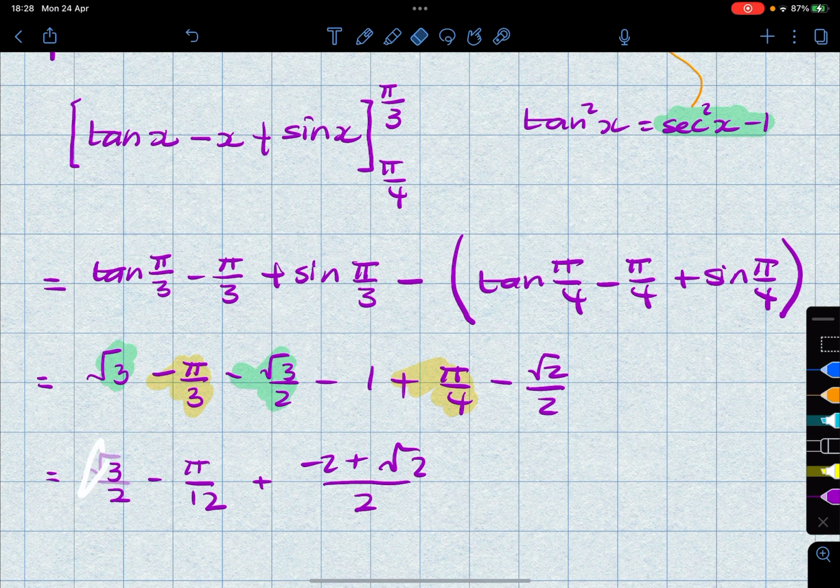And I guess we can remove the root 3 and add that there as well. So your final exact answer would probably look something like that. So that's your final answer.